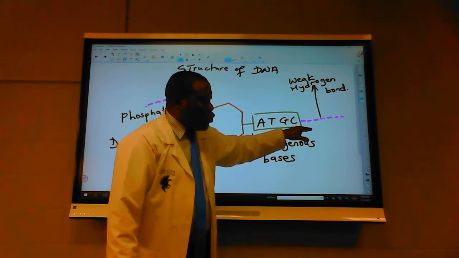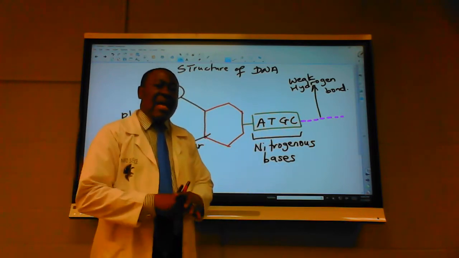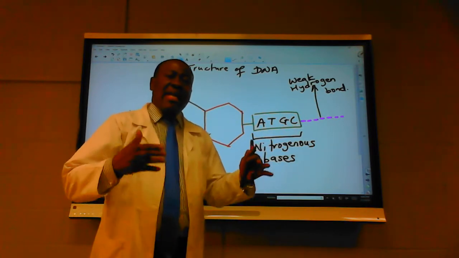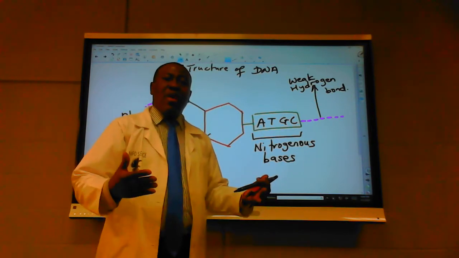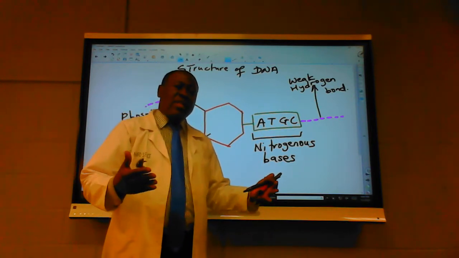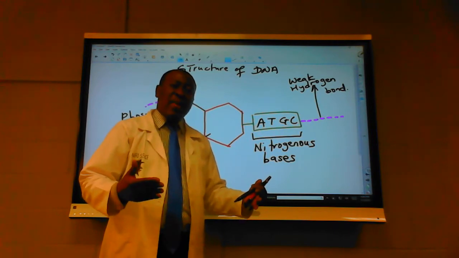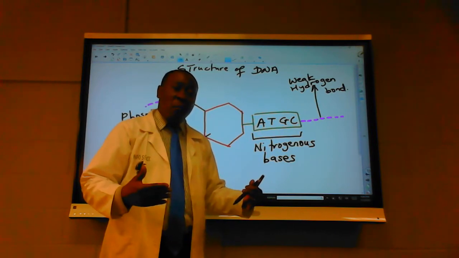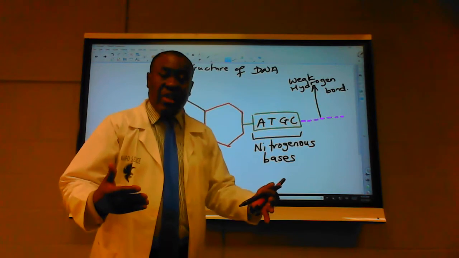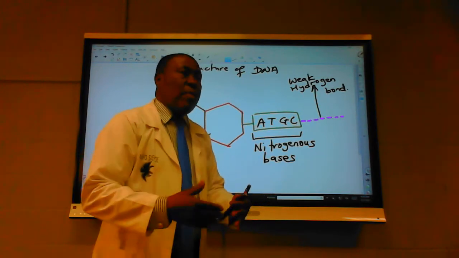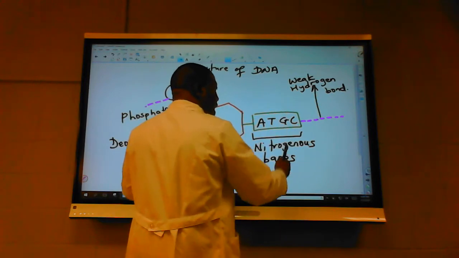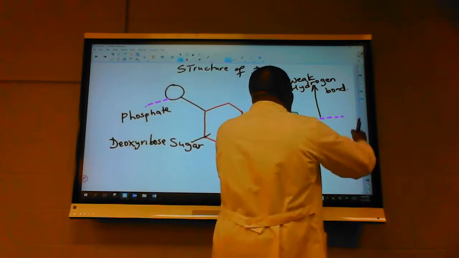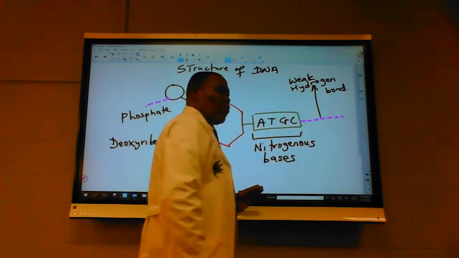The reason it's weak is because DNA has the ability to make an exact copy of itself in a process called replication. What is the process called by which DNA makes an exact copy of itself? It's called replication. So in the process of replication, guess what? The left side of DNA has to separate from the right side.